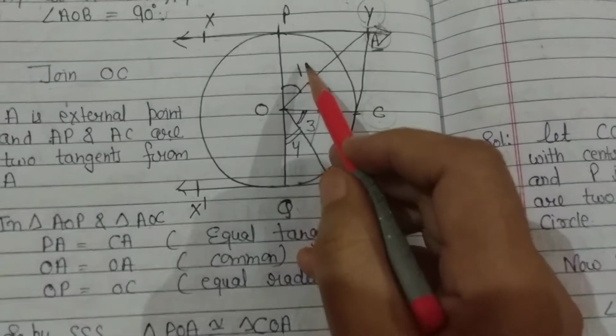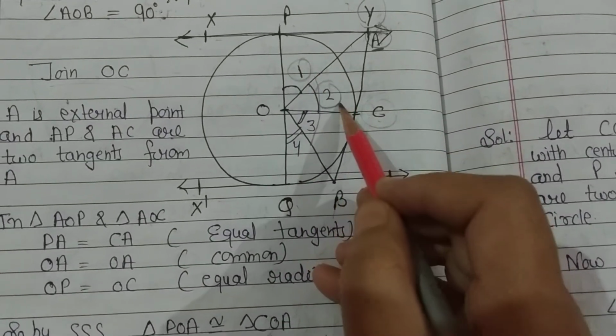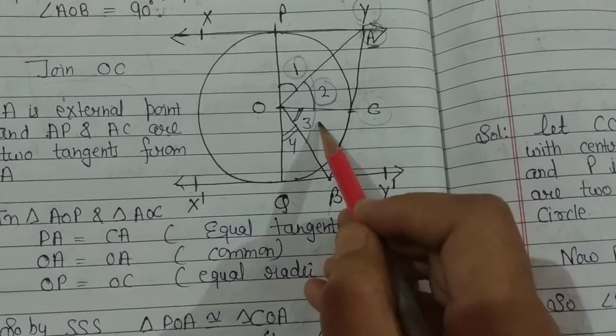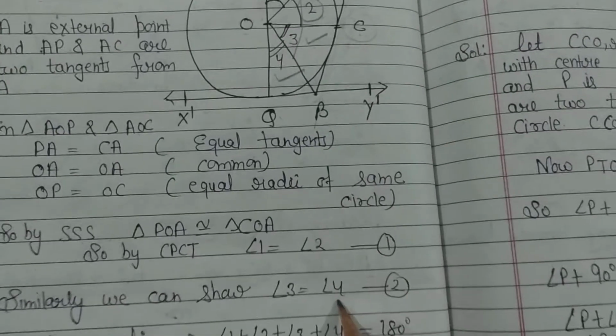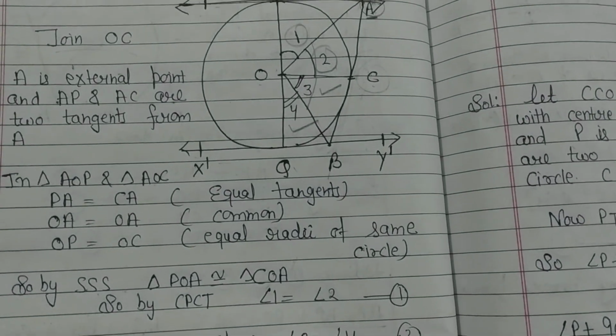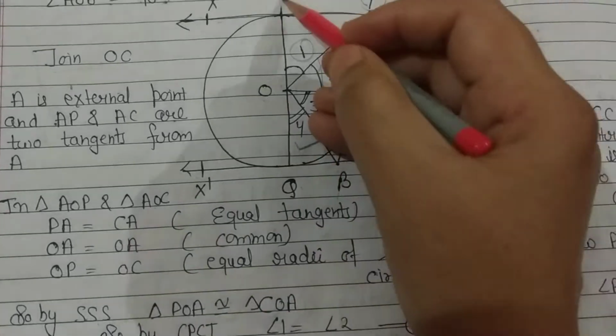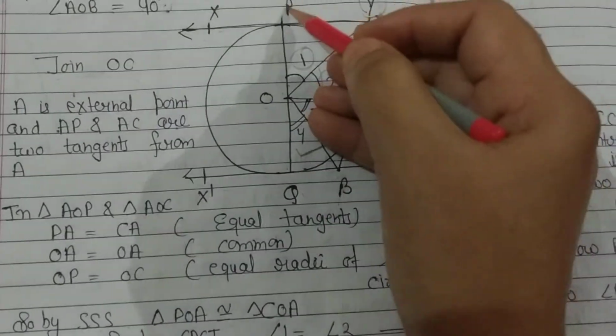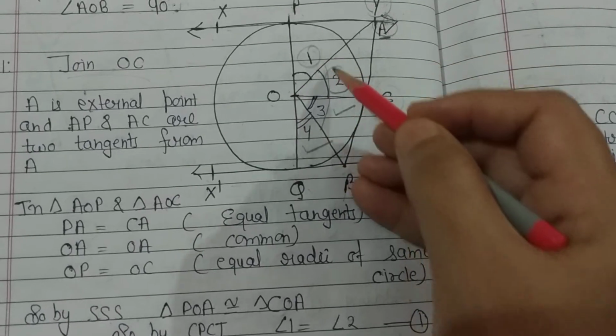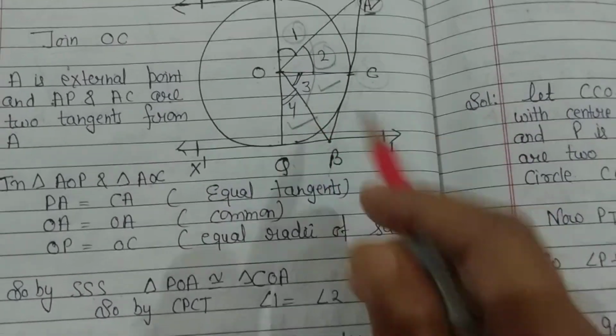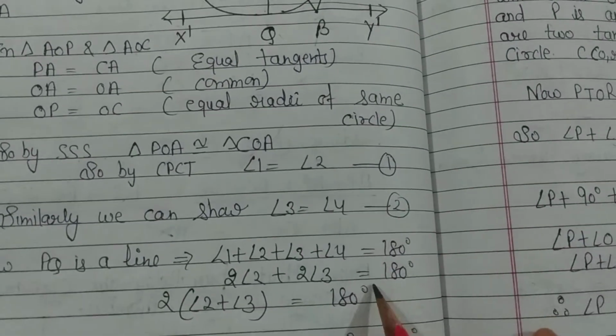By CPCT, we can say angle 1 is equal to angle 2. Similarly, we can prove angle 3 is equal to angle 4, in the same pattern. Now, POQ is a straight line. So we can say angle 1 plus 2 plus 3 plus 4 is 180 degrees.